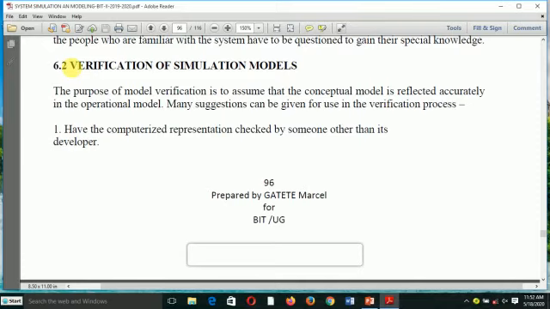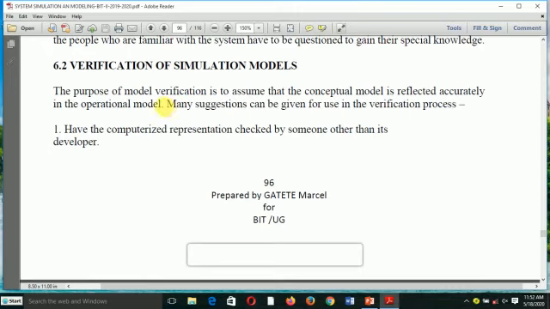The purpose of model verification is to ensure that the conceptual model is reflected accurately in the operational model. We talked about this previously. The purpose of model verification is to ensure that the conceptual model, what is on paper, reflects accurately what is in the computer.